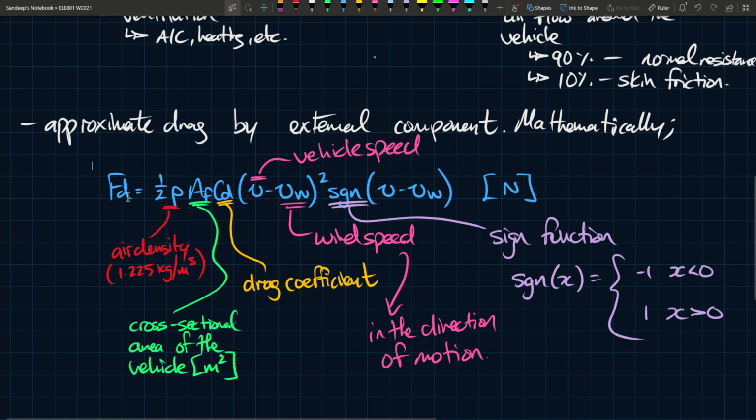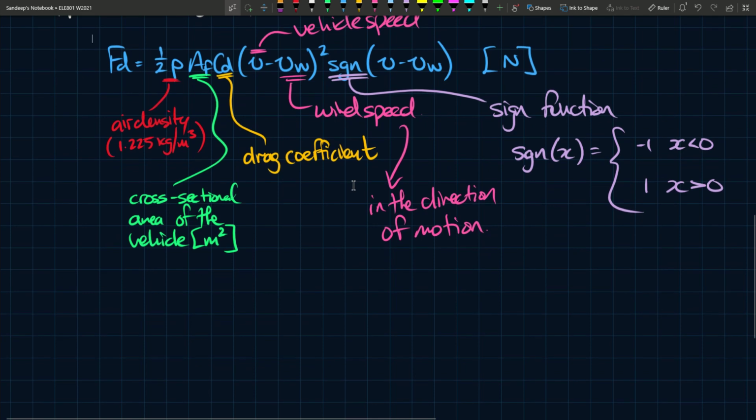Now, the amount of drag that you experience is dependent on the speed, but you'll notice that the drag decreases as the wind speed increases, because we're saying that the wind speed is in the direction of motion. So it actually takes away from the drag, because it's kind of like running. If you imagine running against the wind, it's harder because there's more aerodynamic drag on you. If you're running with the wind, there's less drag because the wind is in your favor, basically. So this is the aerodynamic drag force.